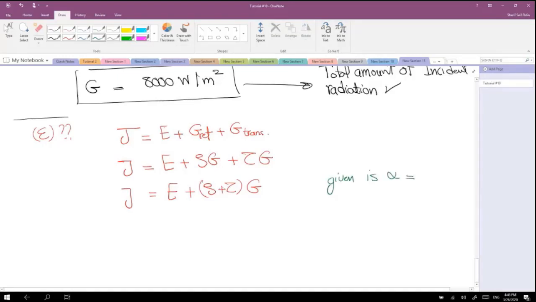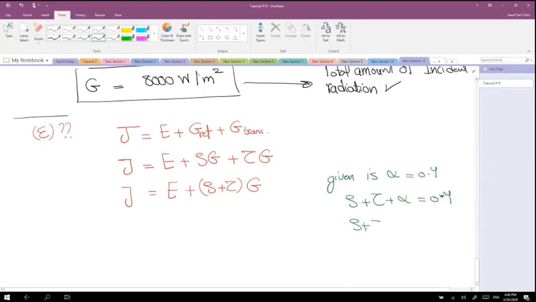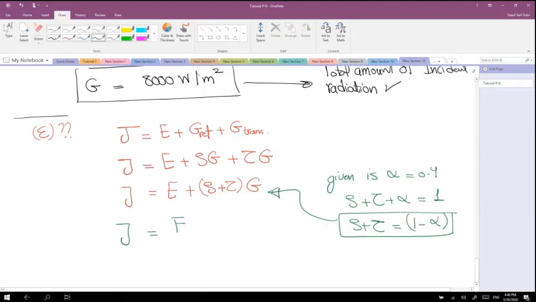Given is alpha equal to 0.4. So rho plus tau plus alpha is equal to 1, so rho plus tau is equal to 1 minus alpha. We take this and substitute it here. So J is equal to E plus (1 minus alpha) multiplied by G.